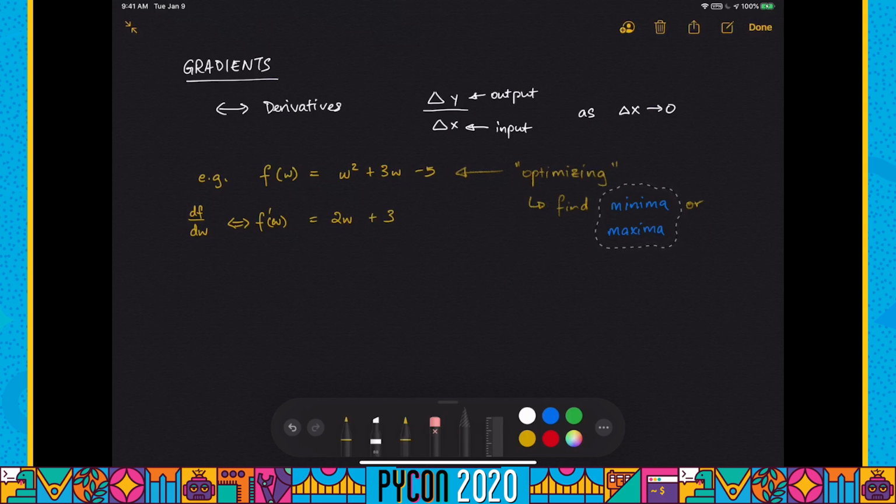And more importantly, we want to find the value of x, in our case w, for this function that maximizes or minimizes the output.